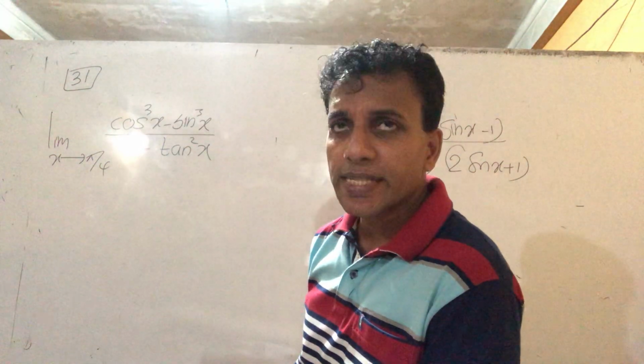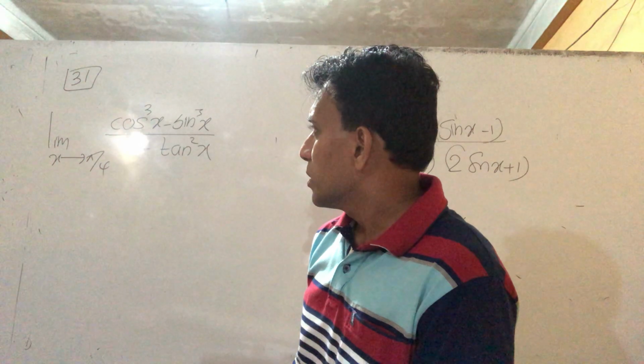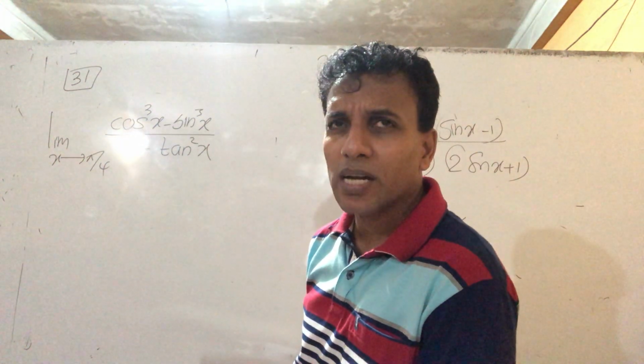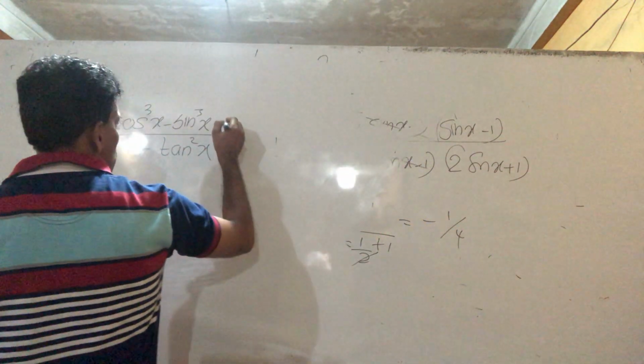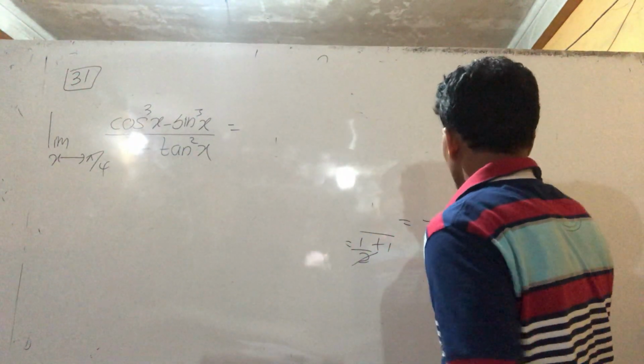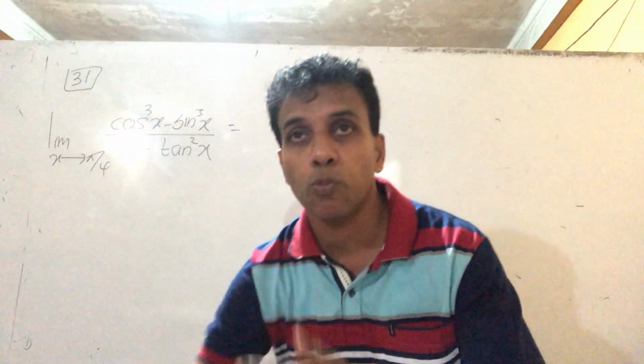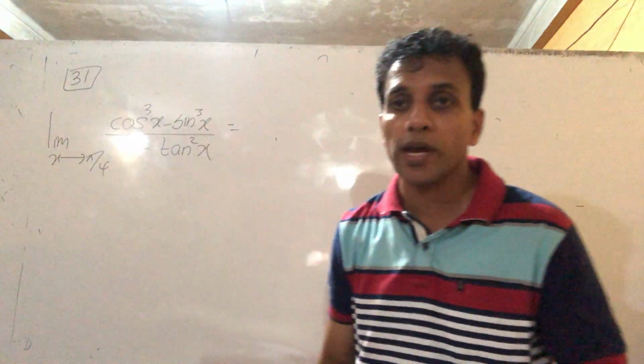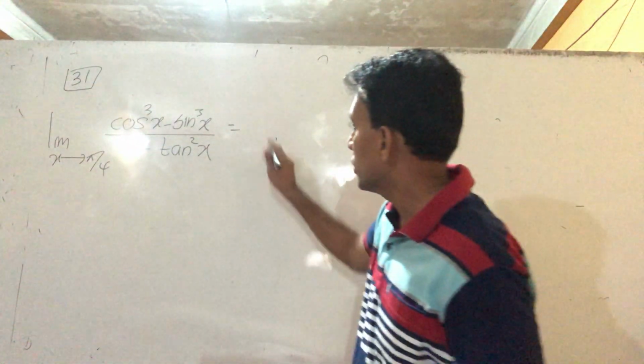I can factorize the numerator, then transfer to a cos double angle. Check, we'll see. So a cube minus b cube, what is the pattern? A minus b, a square plus ab plus b square.